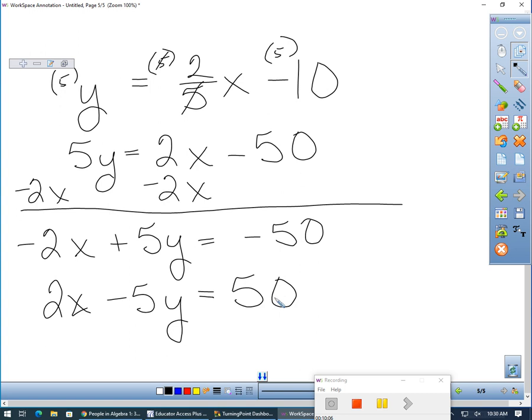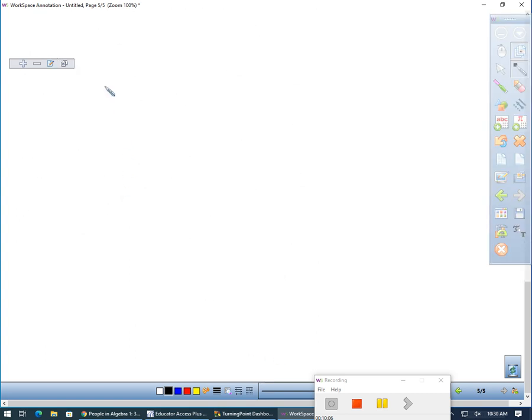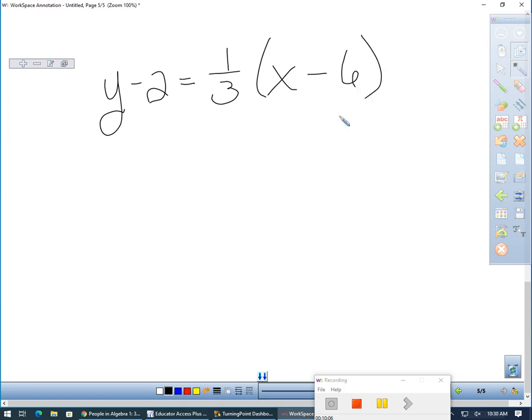Okay, so I have one quick question before I hand you your worksheet. What if you were given an equation in point slope form and you want to write it in standard? What do you think you would have to do first? If I gave it to you in something that looked like this, y minus 2 equals 1/3 times x minus 6. What do you think you would have to do first? Jesse, what do you think?